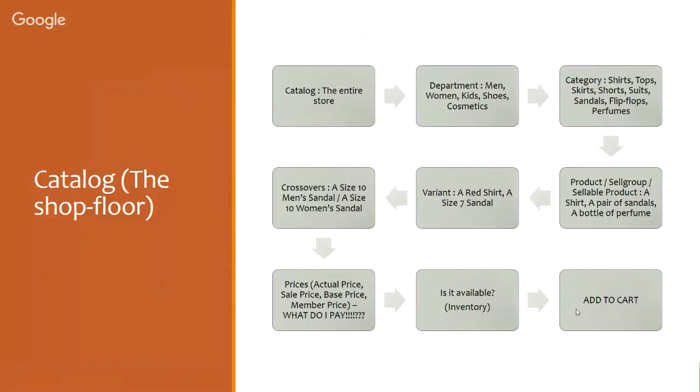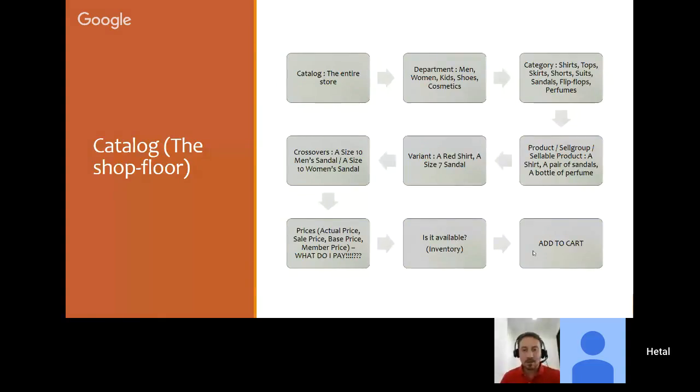Then once you go to the men's department in a brick and mortar store, you would probably look for shirts or tops. If you are in the women's department, you probably look for skirts or shorts or suits or sandals or flip flops, or perfumes. Those are categories under each department, or they could be their own departments, which can have categories like men and women, and those are the crossovers.